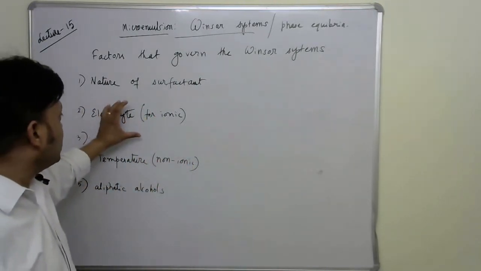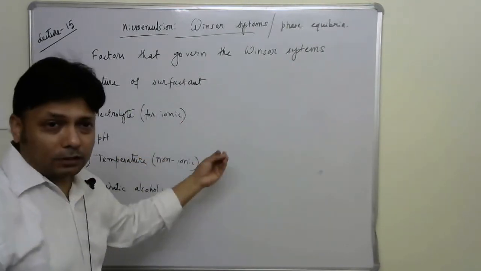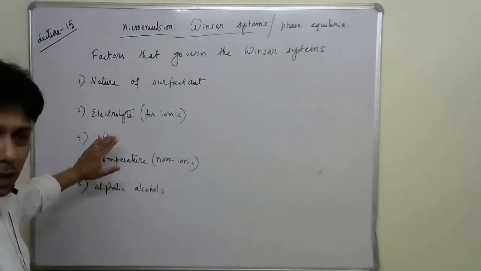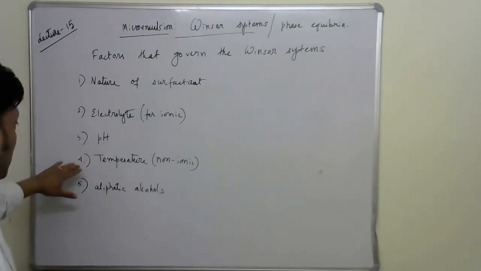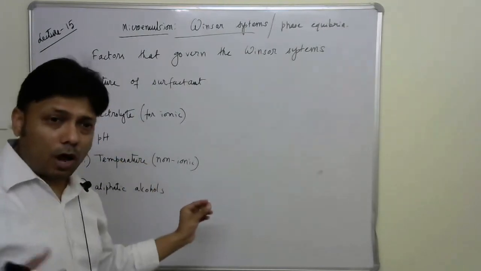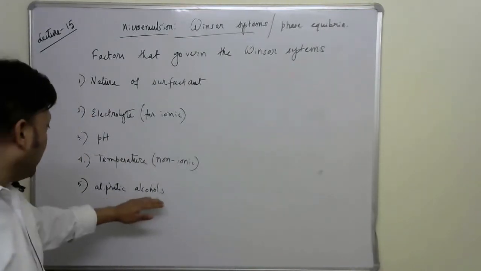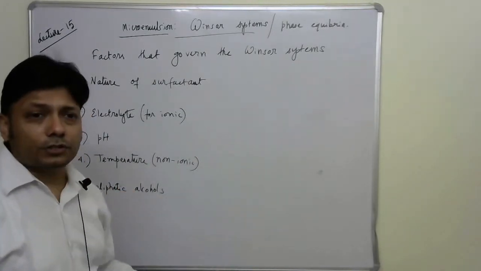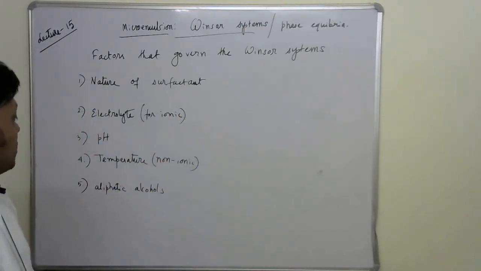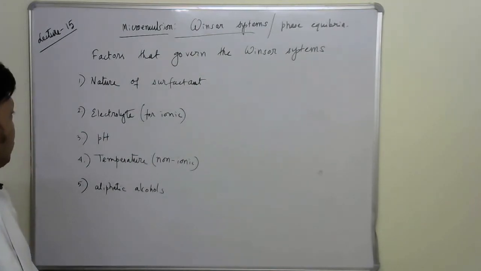And those electrolytes actually become the governing factor when the added surfactants are ionic in nature. And also we have the pH of the medium, and then temperature, and temperature is most pronounced when we have some non-ionic surfactants, and of course whether we add aliphatic alcohols or not. So that also dictates the Windsor systems, as we have already seen in the case of type 4.